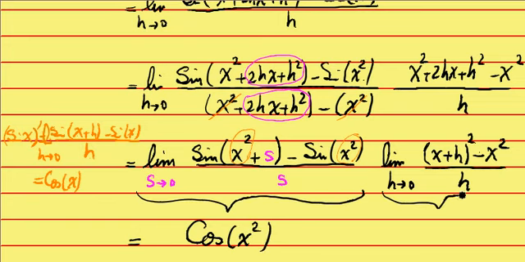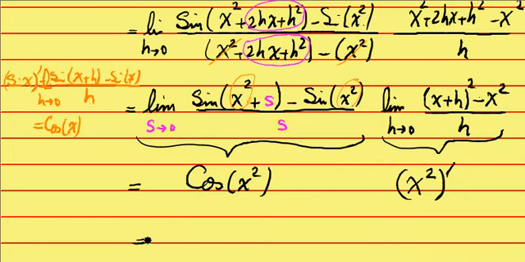And this one is something that we have been working on quite often since the beginning of semester. This is derivative of x squared. Is that right? If I wanted to apply derivative of x squared by an example like that, that's exactly what I would have written. So this is just x squared being differentiated. So what do we have at the end? Derivative of x squared, which is 2x, times cosine of x squared.